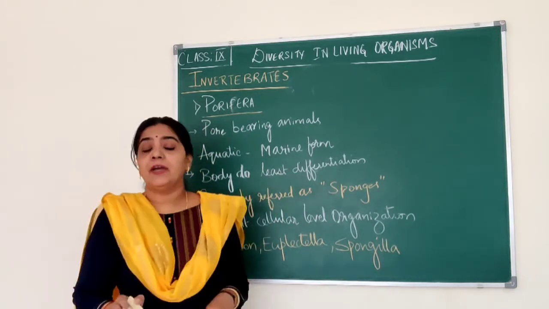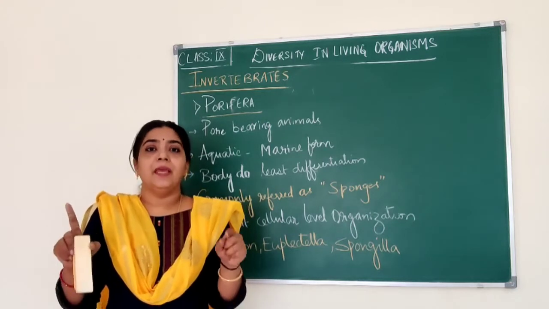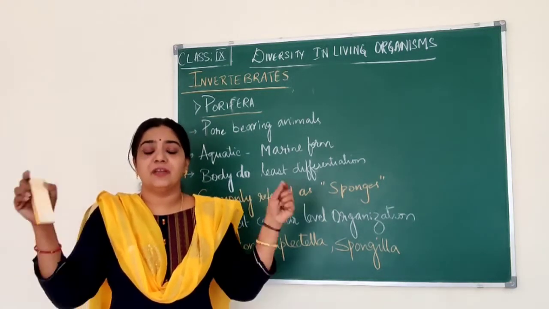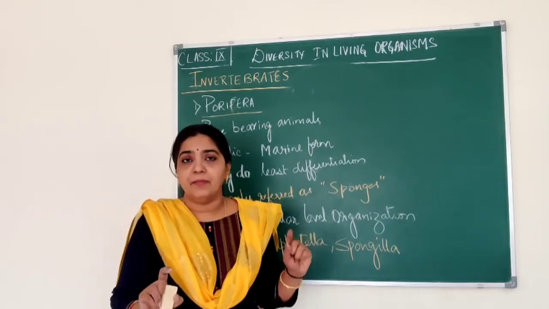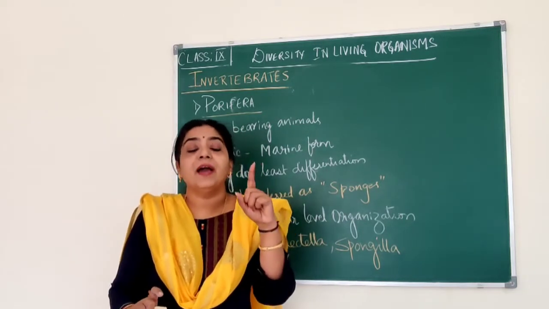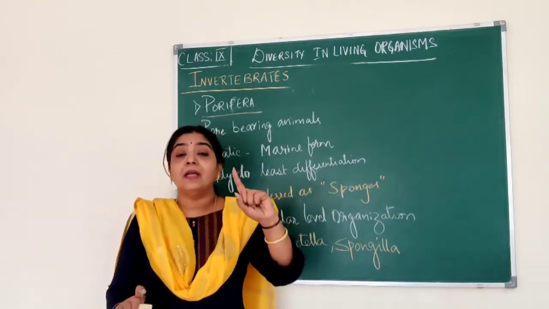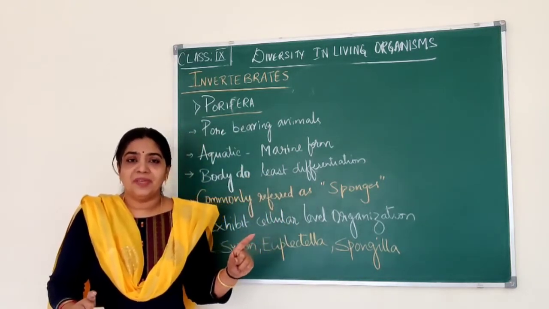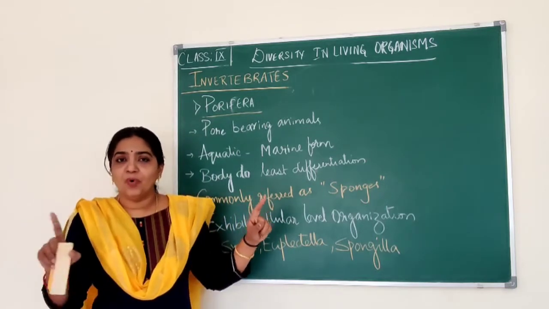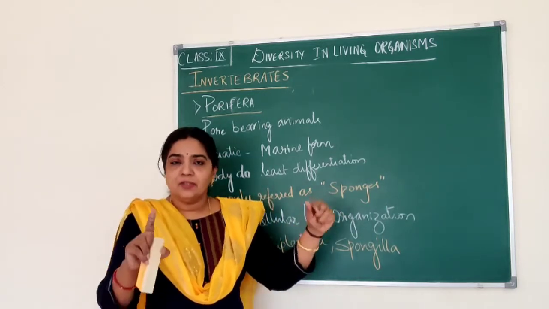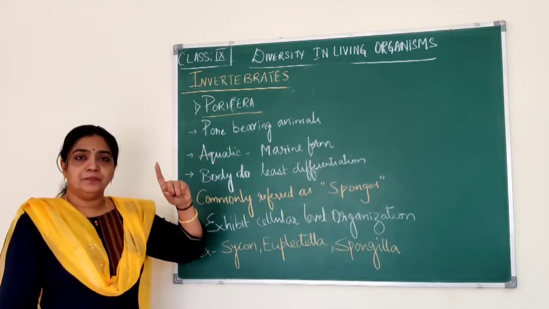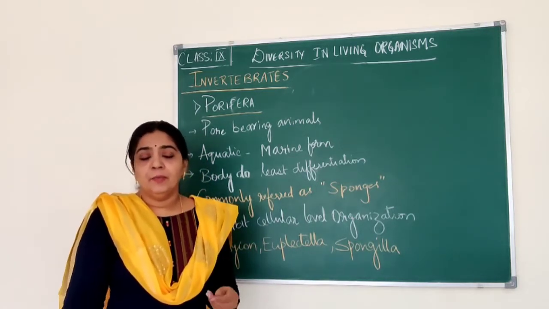So all the organisms under the phylum Porifera have pores on them. They are the pore-bearing animals. As and when we move on through the different phyla, I will be telling you about all those things. So now, the first phylum, Porifera.